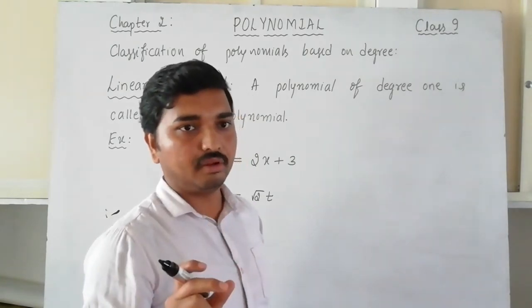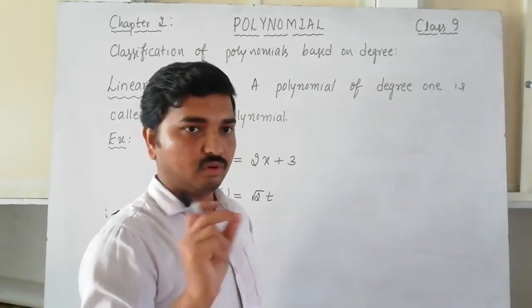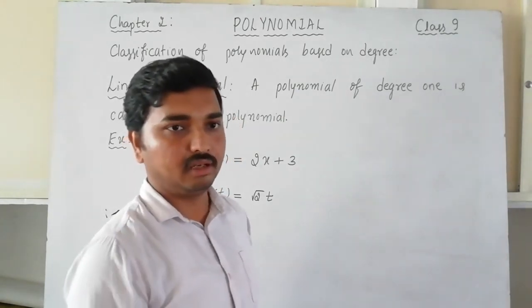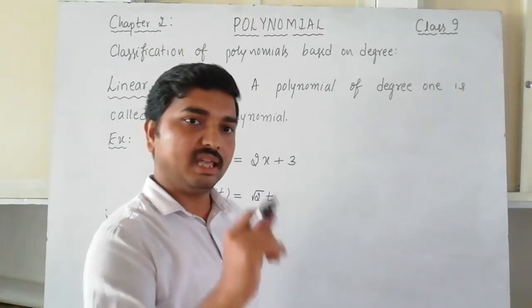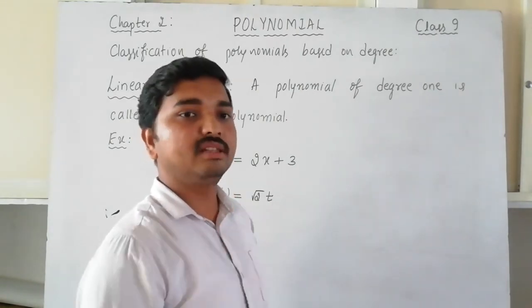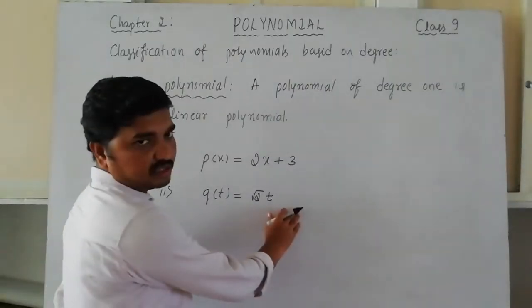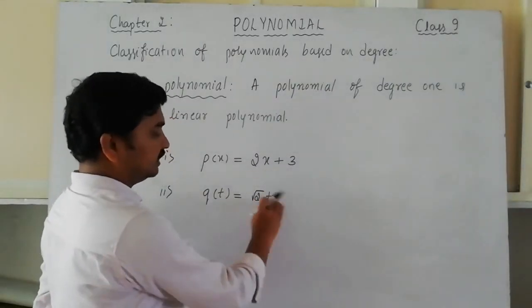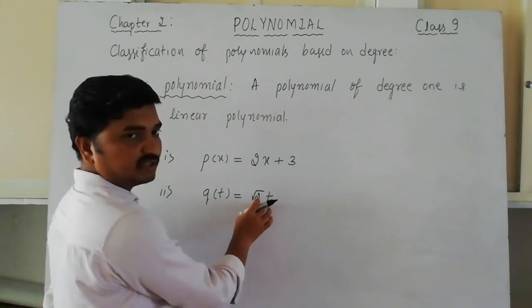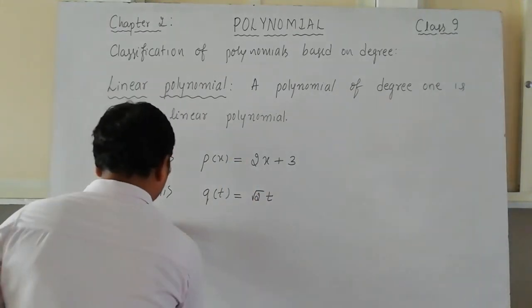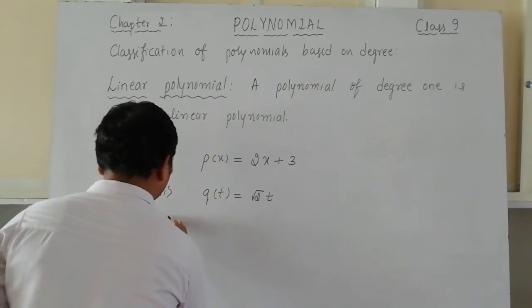It will be helpful while solving problems. So remember, the last term of the polynomial in which the exponent of the variable is 0 is called the constant term. Here there is no constant term, but the term t is present, the exponent is 1, that's why it is a linear polynomial.